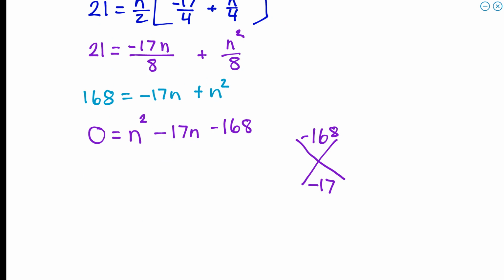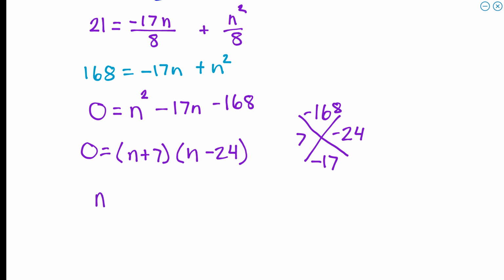So I encourage you to think and look and pause and look for it pretty quickly. So we're going to have our negative 24 and a positive 7. So my factored form is n plus 7, n minus 24.